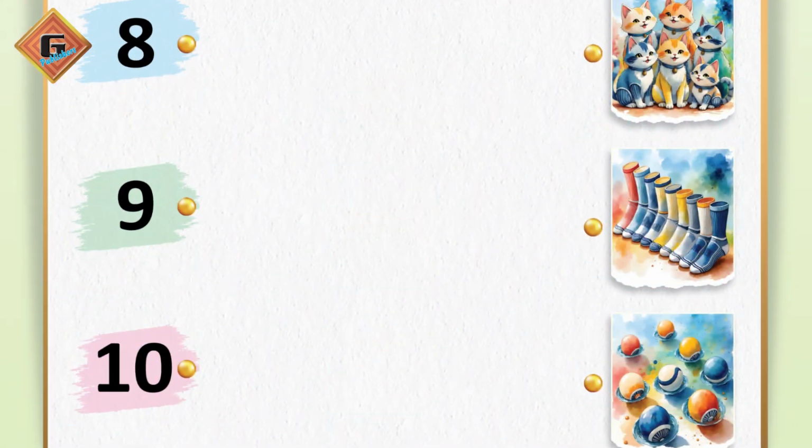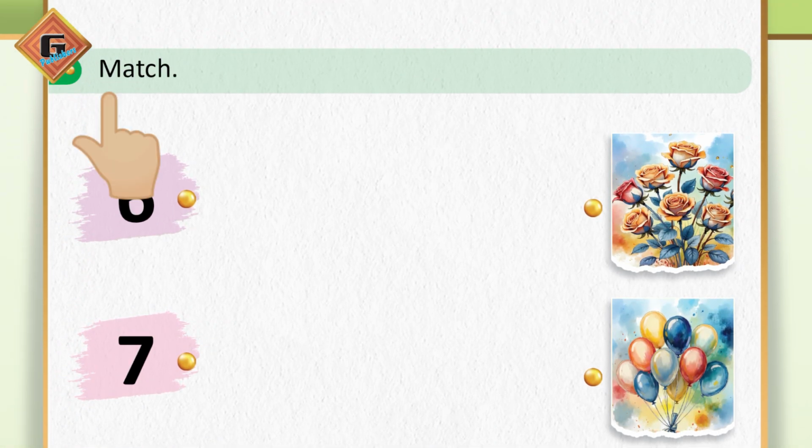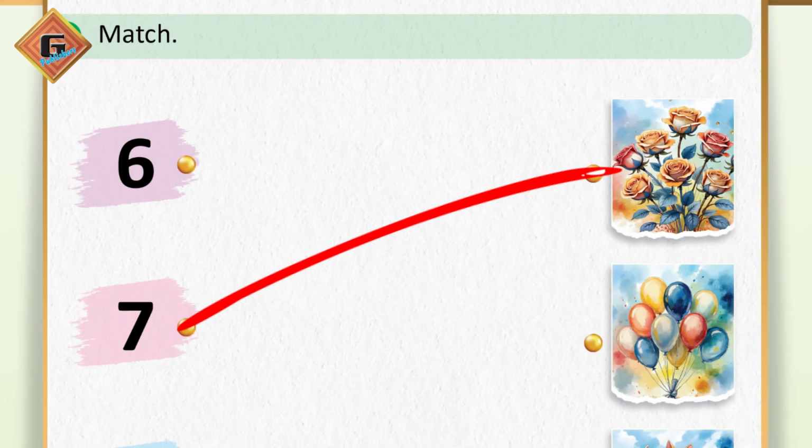Now we will do another activity on page number 28. Match. Now look at the pictures and count the objects in each picture. It's 1, 2, 3, 4, 5, 6 and 7. Next one is balloons. 1, 2, 3, 4, 5, 6, 7, 8, 9 and 10.